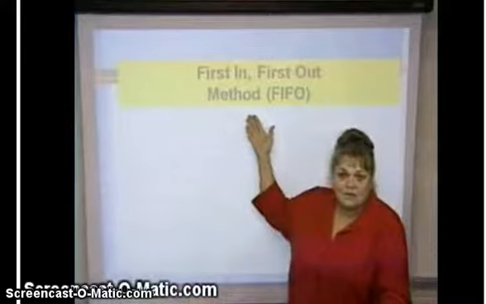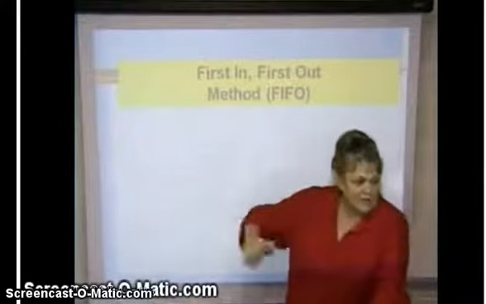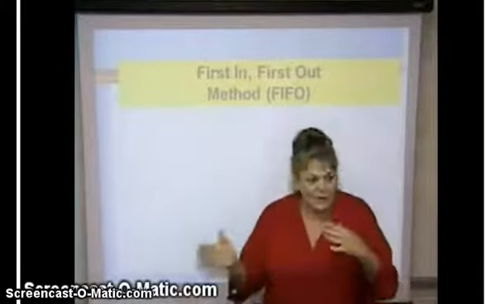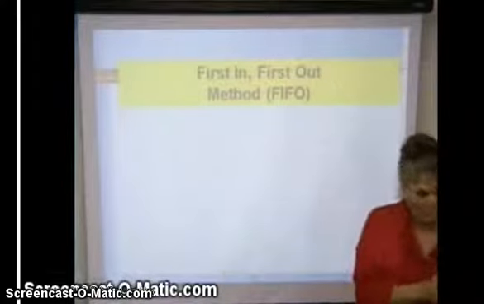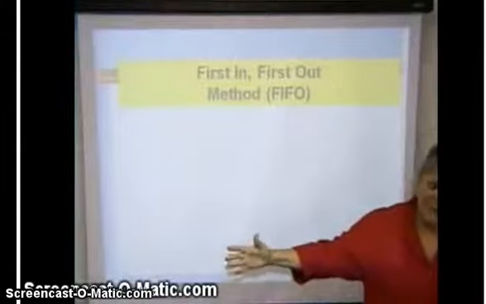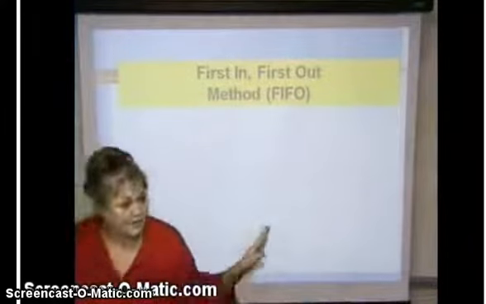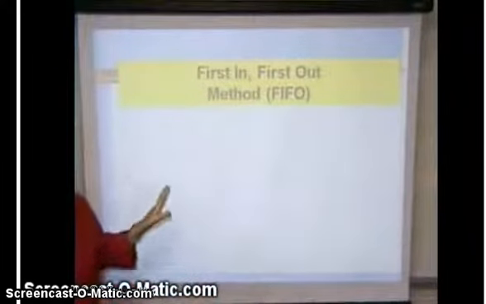If you've got perishables or something that you need to get out of there first, then when we get our new inventory in, we're going to sell what we already had first. Okay. Make sense? Some kinds of items it's very important.